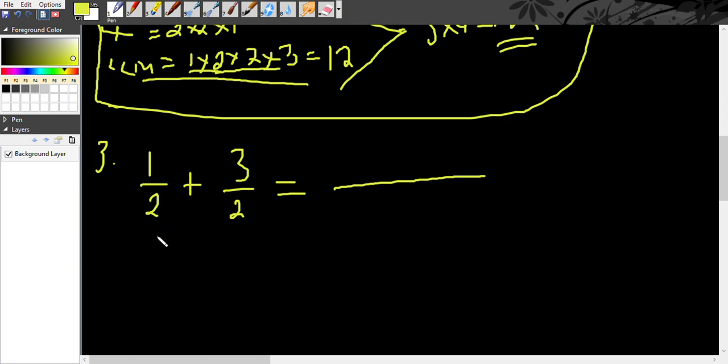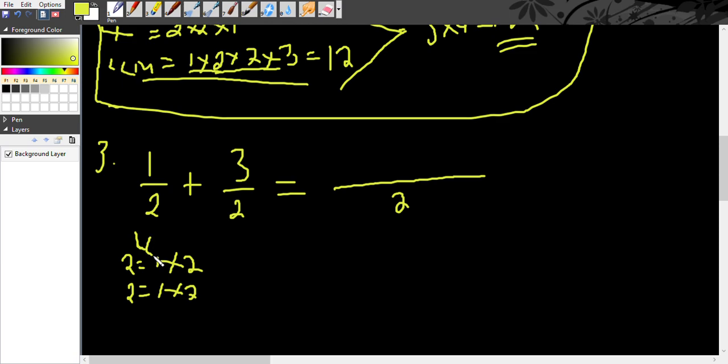Since the denominators are the same, we could say the lowest common multiple is 2, because 2 can go into 2 without leaving a remainder. The lowest common multiple of 2 is a product of its prime factor, 1 times 2.